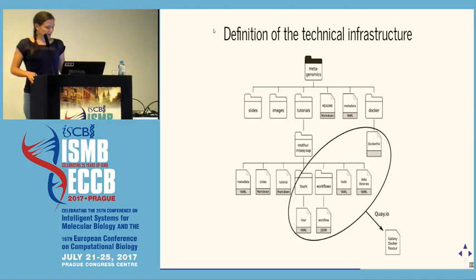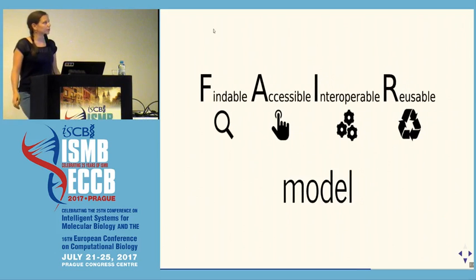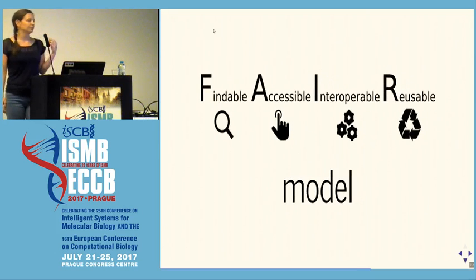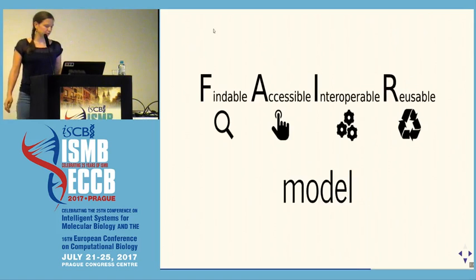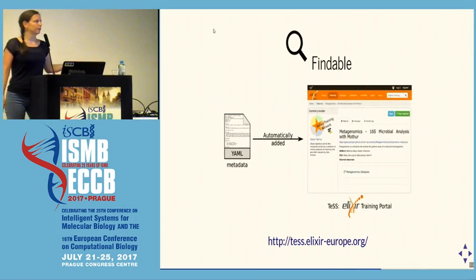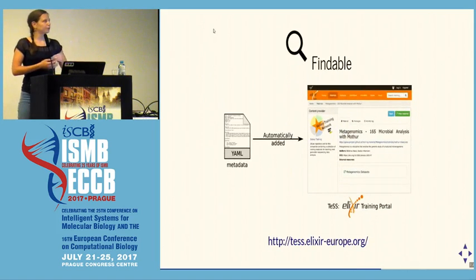When we developed these models, we always kept the FAIR principles in mind. To make the tutorials findable, the metadata of the tutorials are automatically parsed by the ELIXIR training portal TeSS, and they are automatically added on this portal.